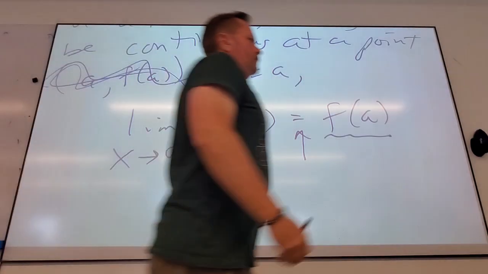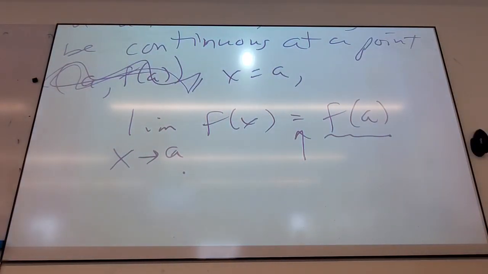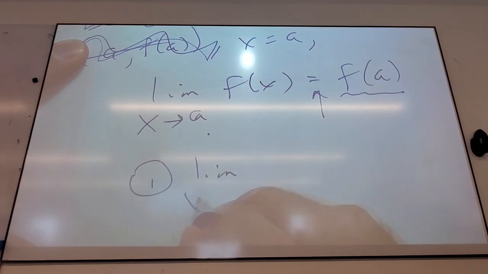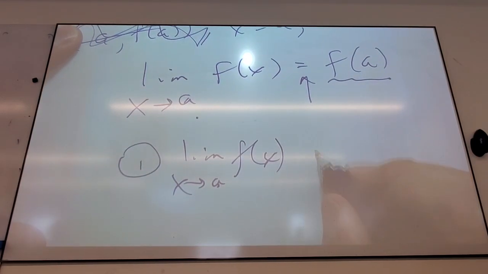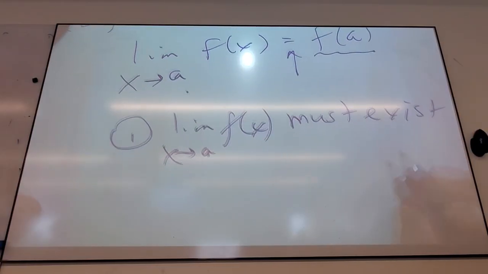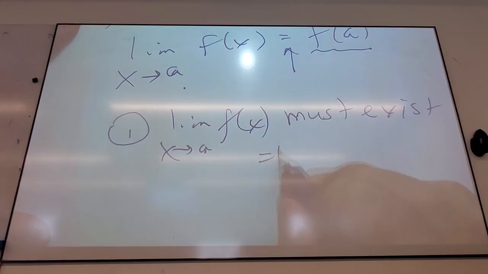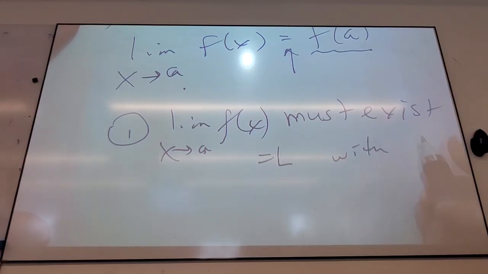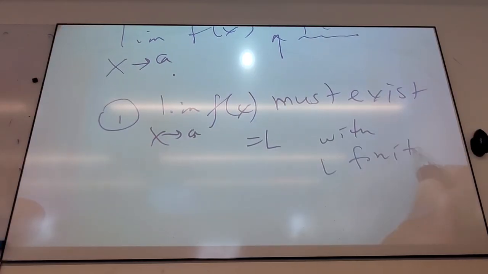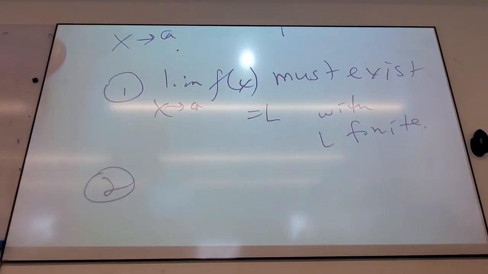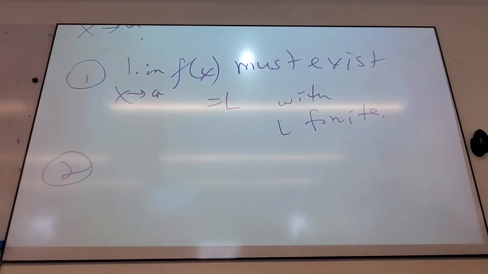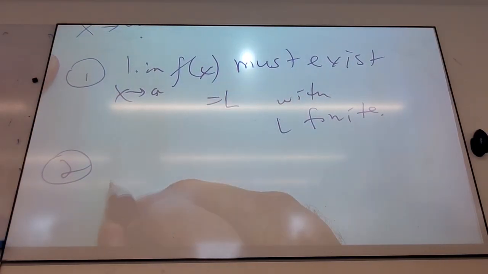So the three statements: the limit as x goes to a of f must exist. So let's say it equals L with L finite. Two, oh, I think I wrapped up two statements in one there.